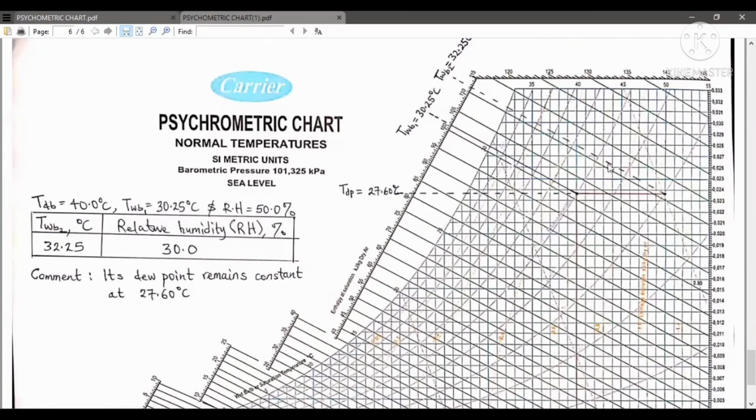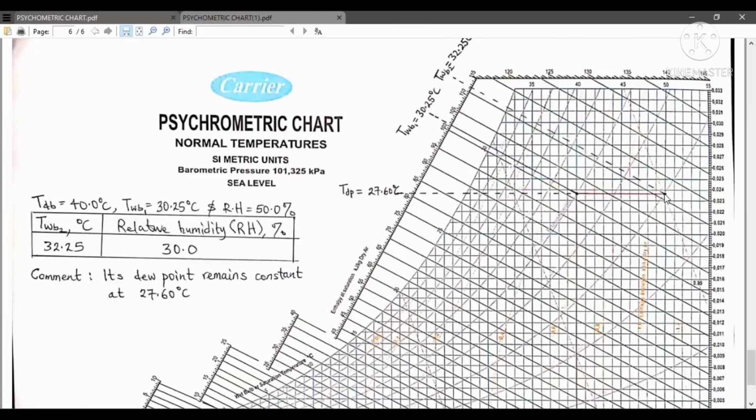From this point, we read off the new wet bulb temperature, which is 32.25 degrees centigrade. And then from this same point, we read off the new relative humidity here. This is the curve for relative humidity, and this is 30.0%.